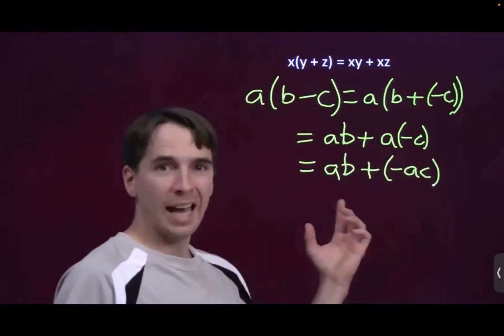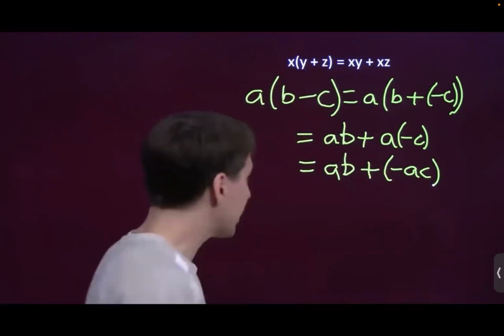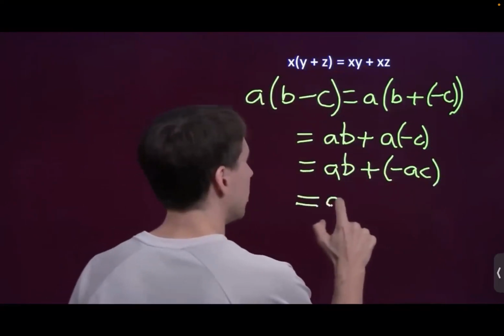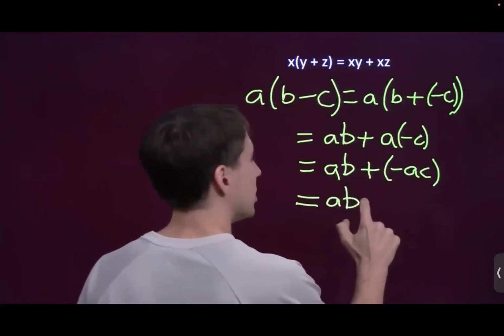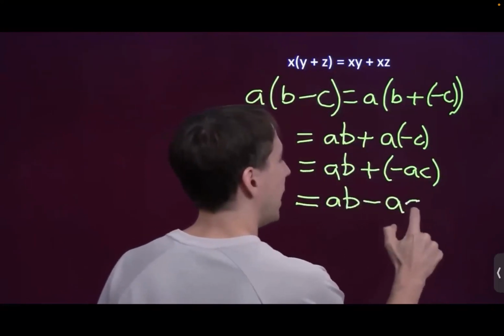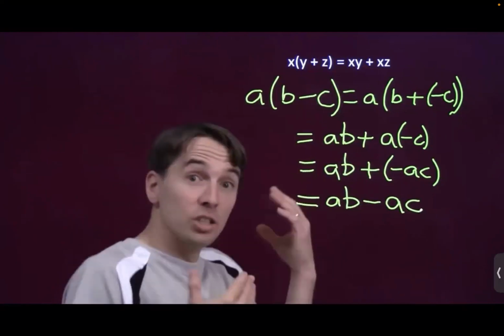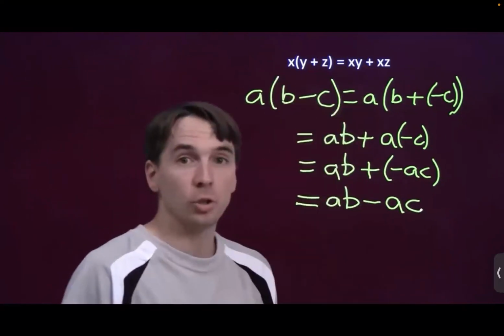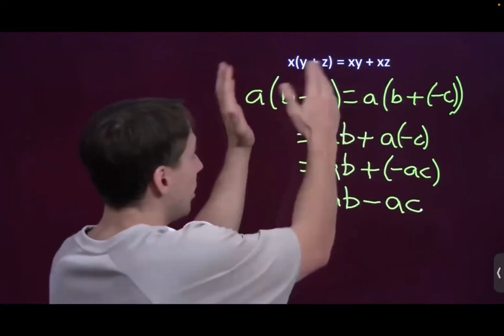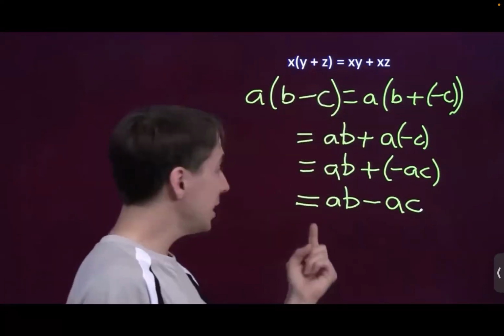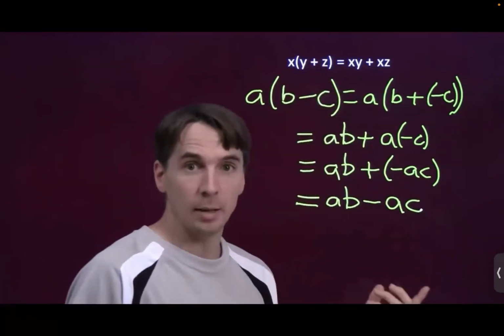And of course, if we're adding a negation, that's just subtraction. That's what subtraction is. So that gives us ab minus ac. And sure enough, multiplication distributes over subtraction just like it distributes over addition. A times the whole quantity b minus c is a times b minus a times c.